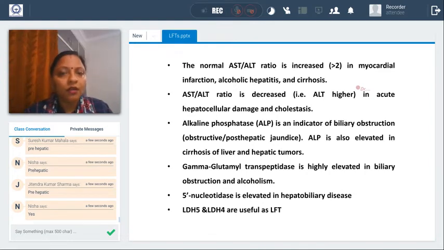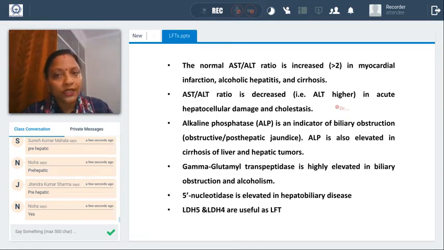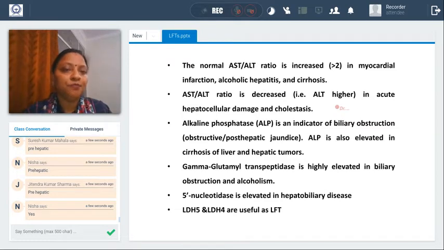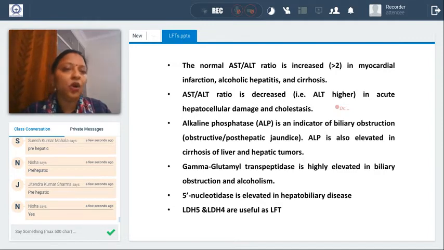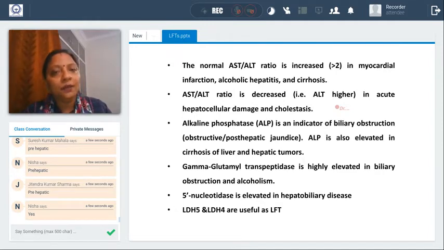When the AST/ALT ratio is decreased, ALT is higher and AST is low. This is present in acute hepatocellular damage and cholestasis. This is the important point here: the AST/ALT ratio is decreased in acute hepatocellular damage and cholestasis, and it is increased when AST is increased or ALT is low.